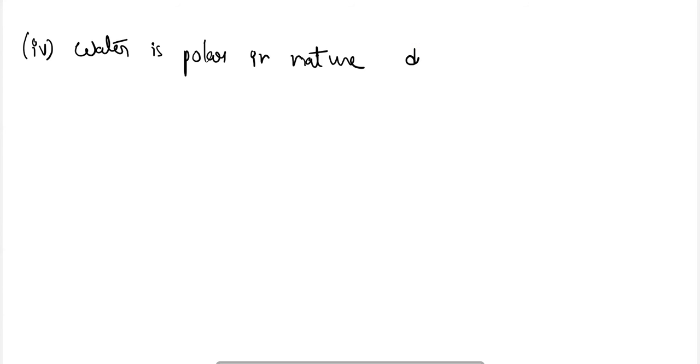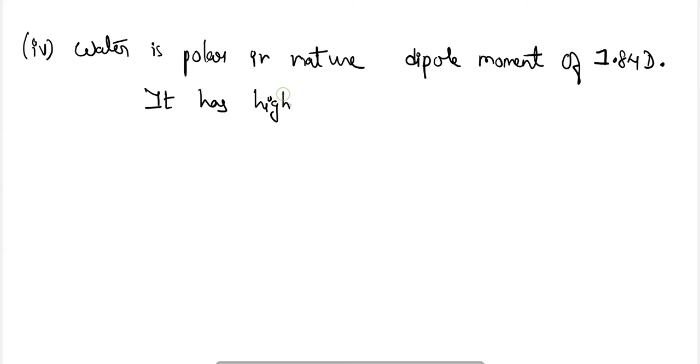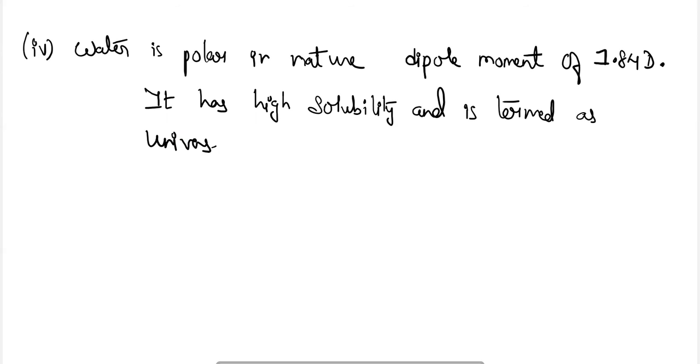They are due to the high electronegativity of oxygen, and the dipole moment of water is 1.84 D. Due to this reason, it has high solubility and is termed as the universal solvent.